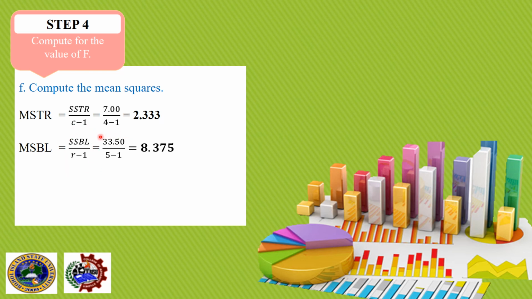Since SSBL is equal to 33.50, we divide 33.50 by 5 minus 1, so we have 8.375. And for our MSE, we divide SSE by R minus 1 times C minus 1, and we will get 9.375.